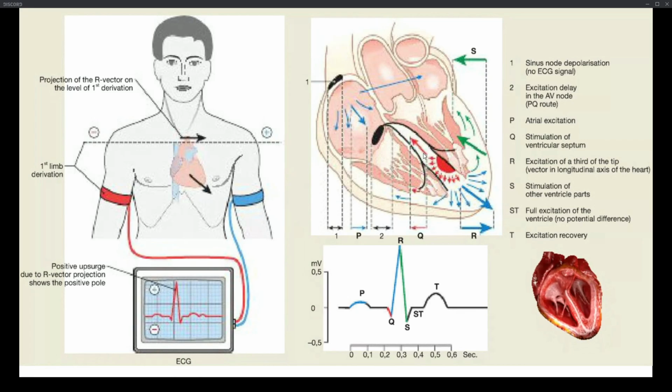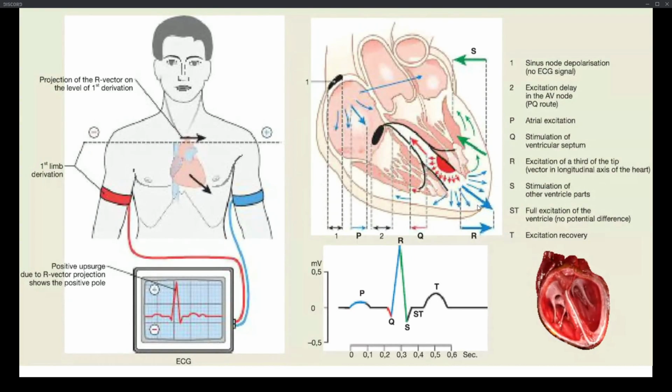And because it's faster this way on the sides, it will go upwards first, which causes this little Q spike. And because the depolarization is towards the other side of the vector now, it goes downwards. Only after then, you have this classic huge R spike because of the depolarization directly towards the vector, towards the apex.